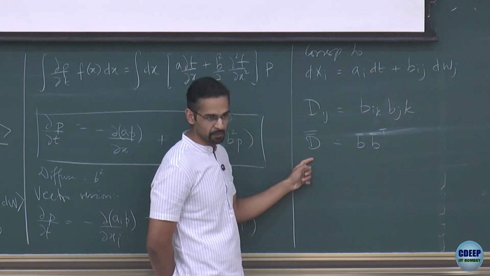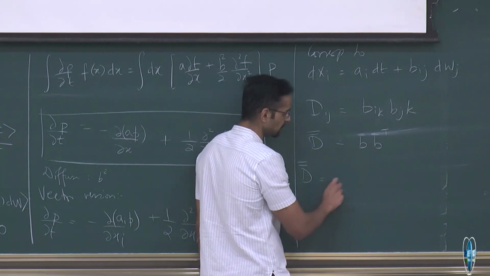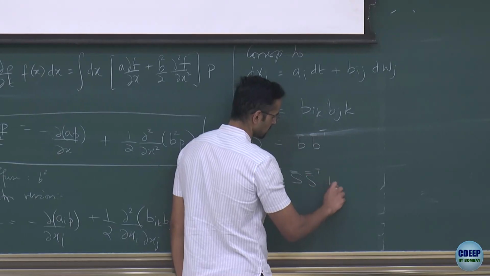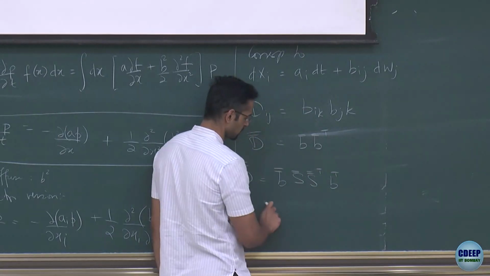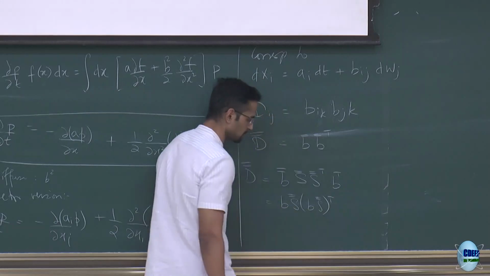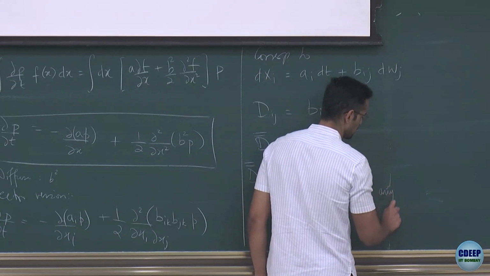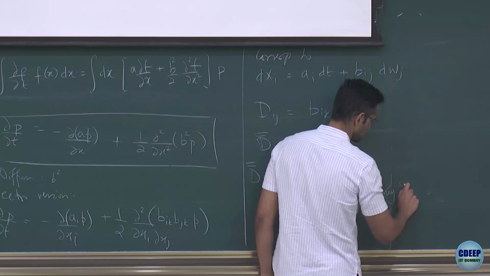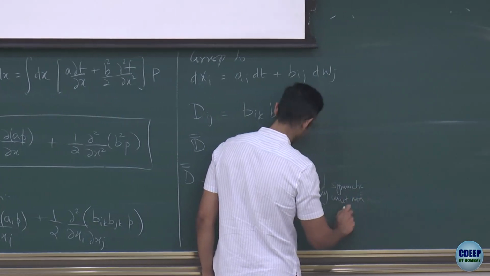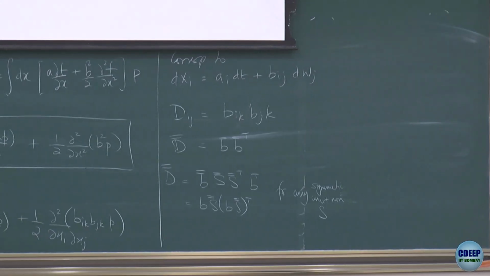Okay. Now what is interesting from here immediately is that because of this nature, right, the same D can be equal to, right, for any symmetric unit norm S, right?